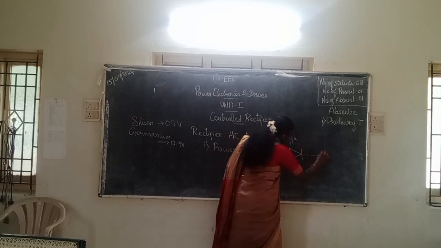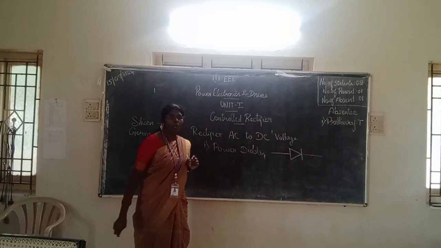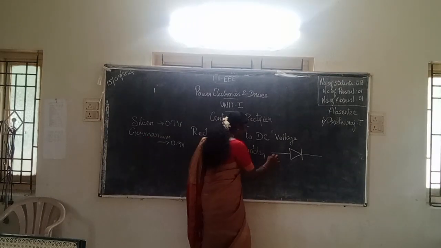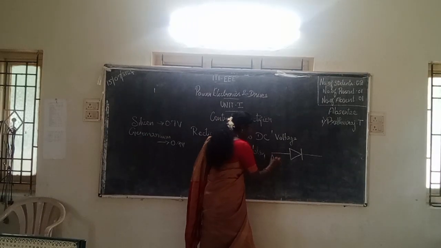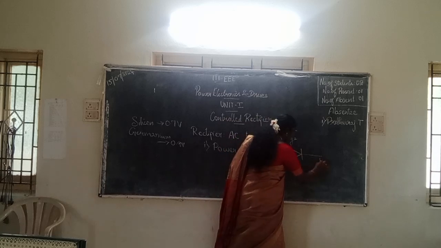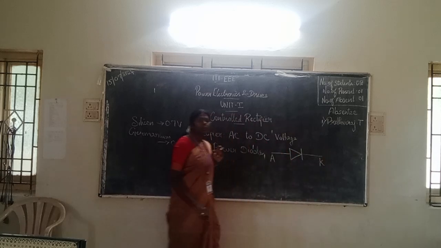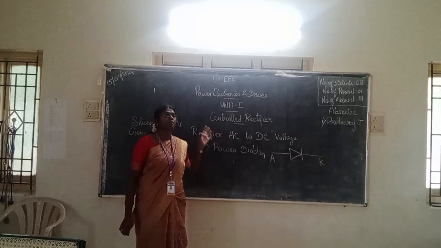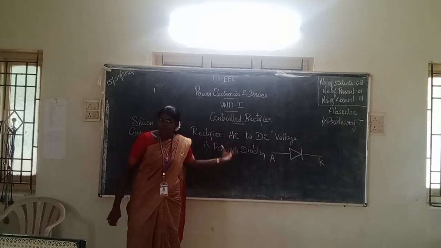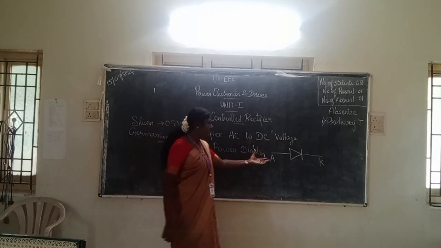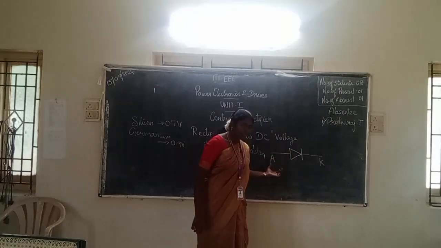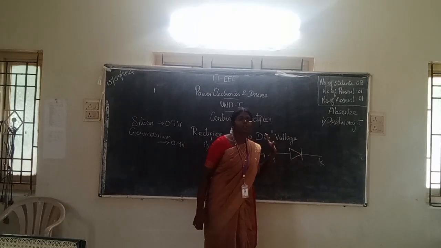It is the symbol of the diode, with the terminals anode and cathode. So the first device for the controlled rectifier which you are studying is the power diode, which has a symbol like this, and it has two terminals, that is anode and cathode.